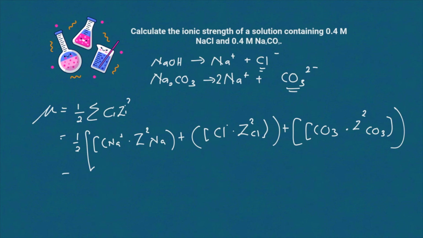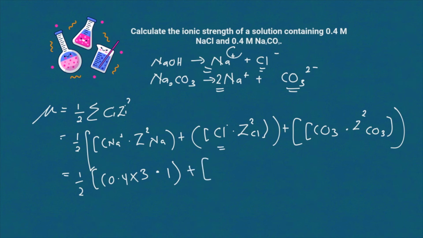Alright, so basically you just have to plug in the values here. The concentration of the sodium is actually 0.4, and how many do you have here? We have 2 and another one, so you have 3 times 0.4, times the charge of sodium, which is positive 1, squared.